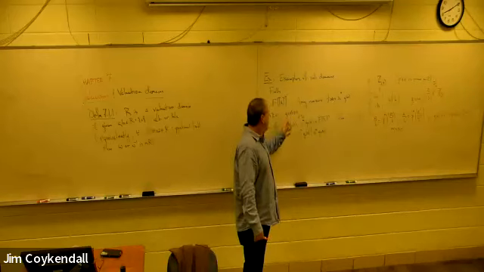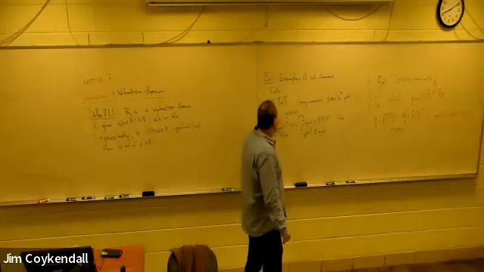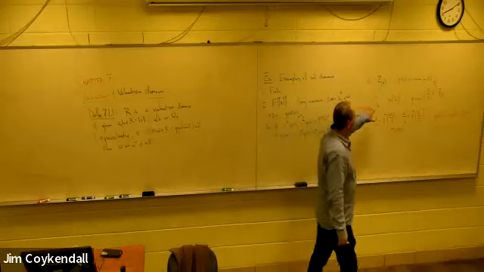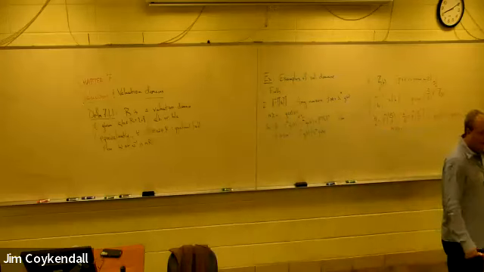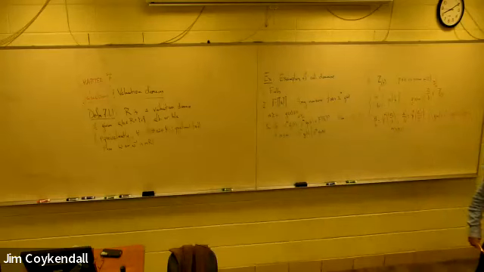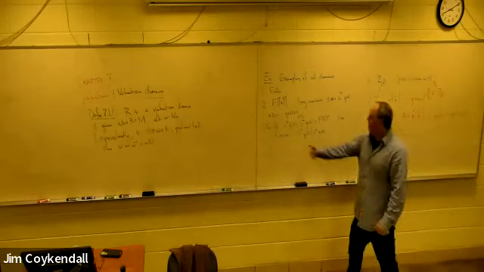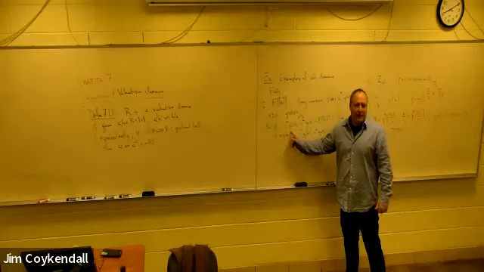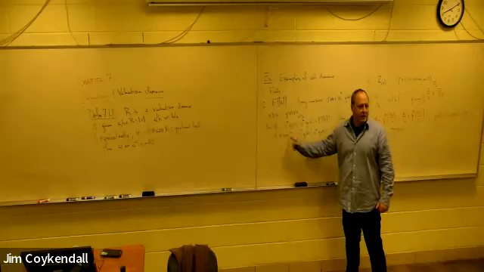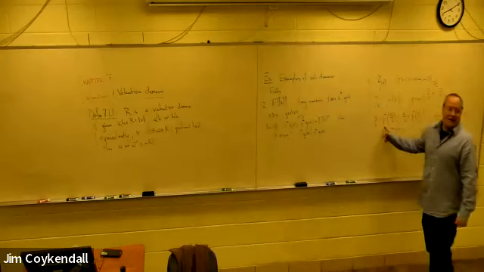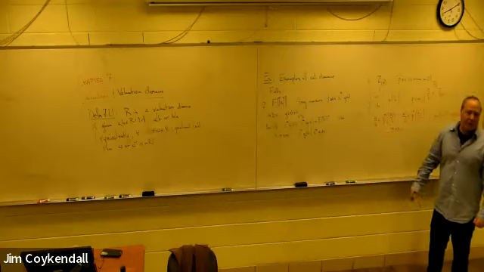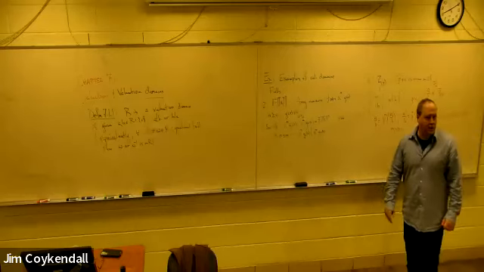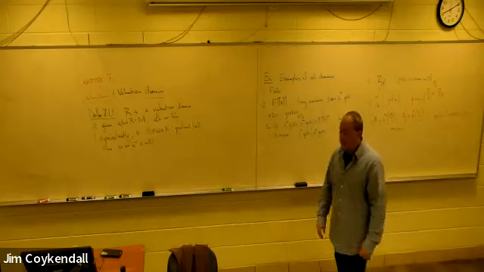In both cases, these are principal ideal domains that have only one non-zero prime. Here it's x, and everything interesting is a power of x times a unit. Here it's p, and everything interesting is a power of p times a unit.